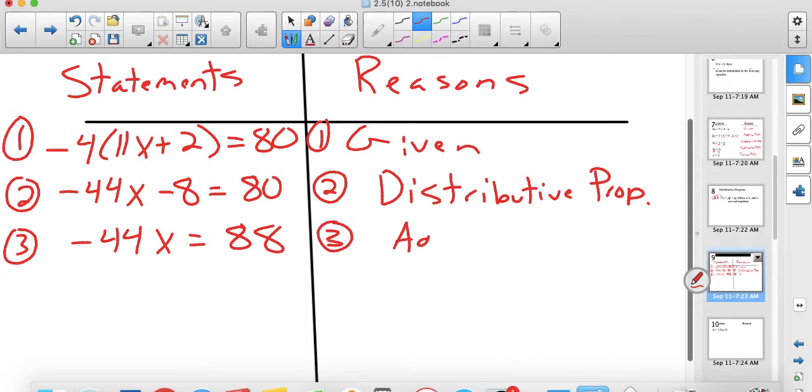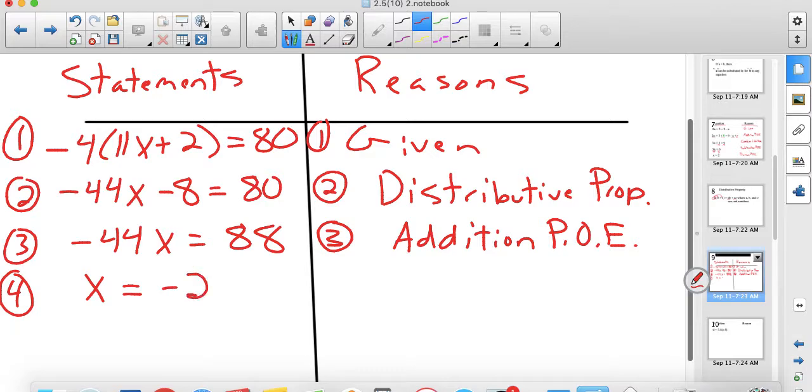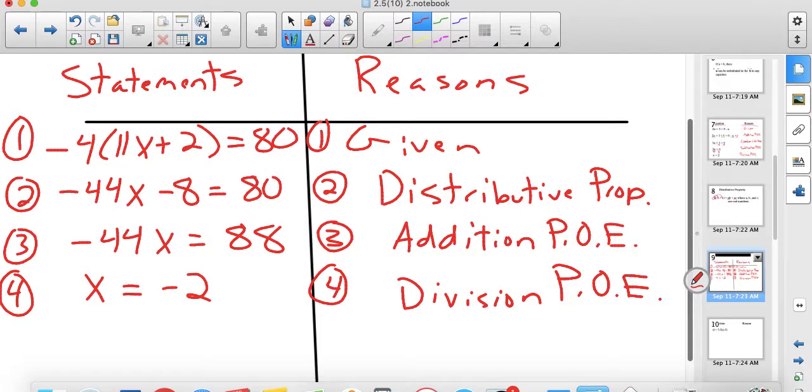That was our addition property. And finally, we'll divide. We get x equals -22. That is our division property of inequality. That is what your proof is going to look like come your Chapter 2 test.